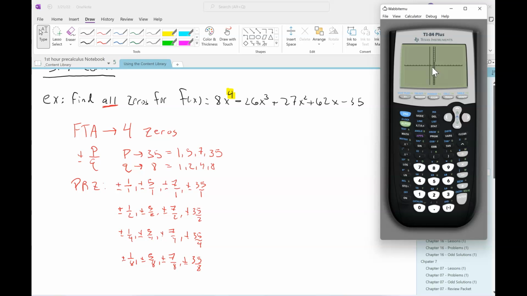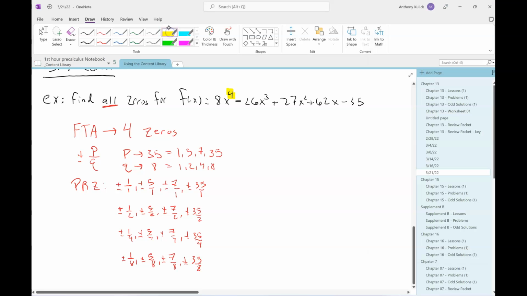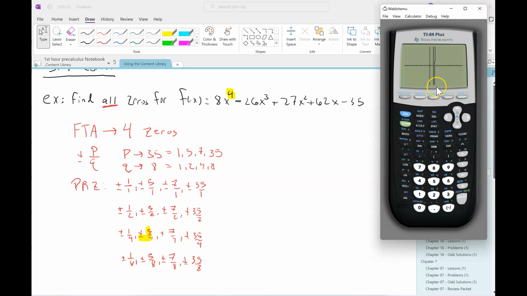Okay. So if I look here, it looks like I have a zero that's somewhere a little bit less than -1. If I look at my list here, -5/4 is a little bit less than -1. So that's probably a reasonable one to try to use.